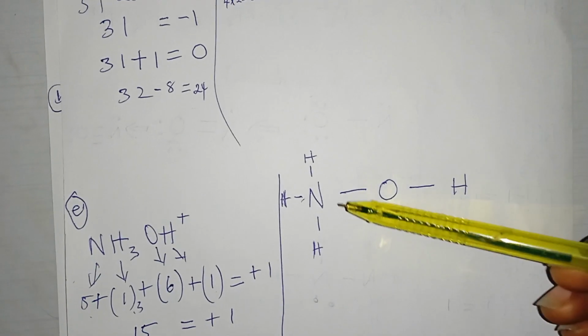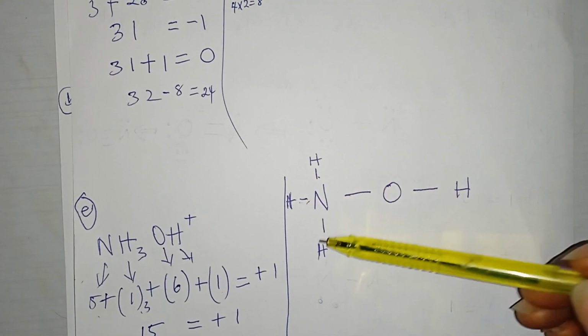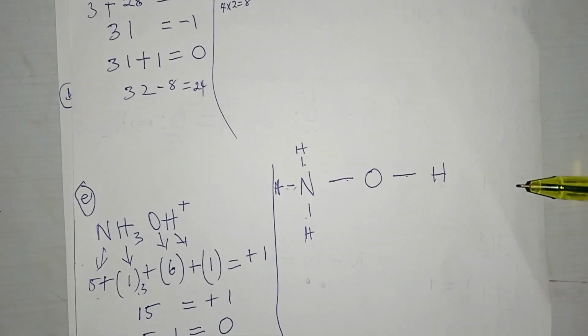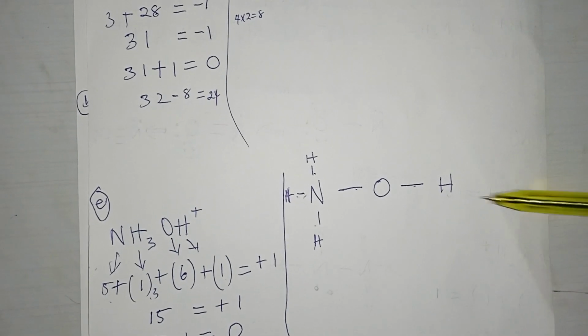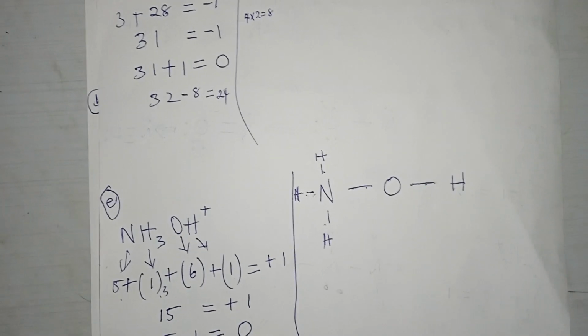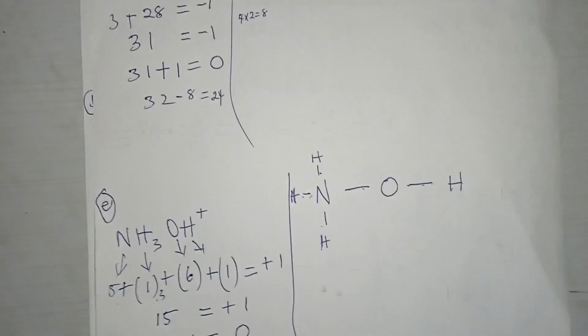Once we are through with the skeletal structure, let's count the bond electrons. 1, 2, 3, 4, 5. We have five bonds, which means 5 times 2. On each bond there are 2 electrons, so 5 times 2 is 10. So minus 10 electrons equals 4 remaining. We have 4 to share here.